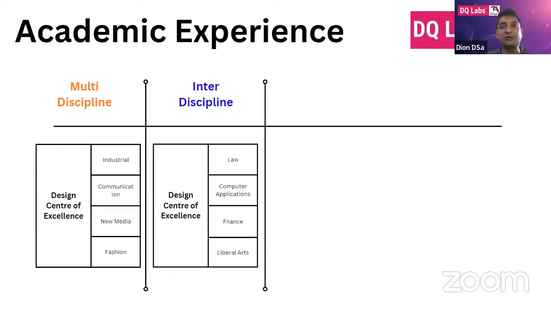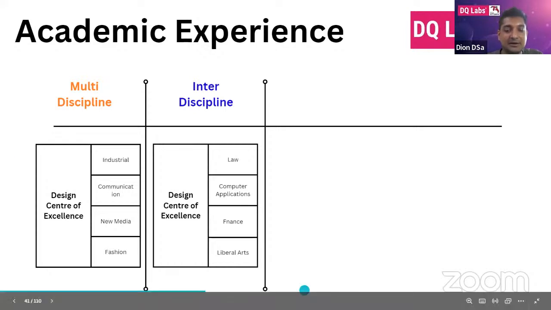Or if you say, no, I want only design, just type in only design, right? So that's important, so you can start typing that out, because if you have multiple interests, then this particular option is great for you. All right.